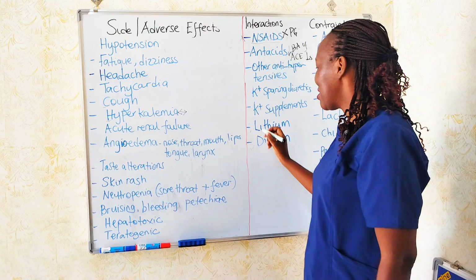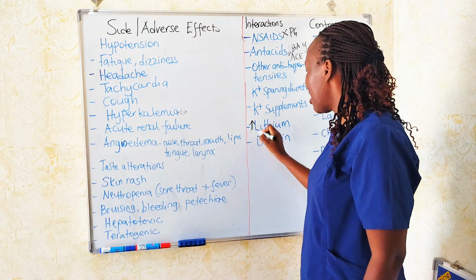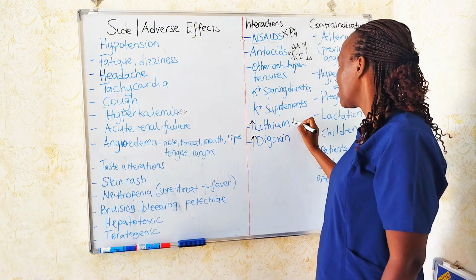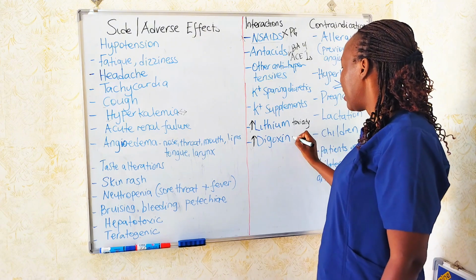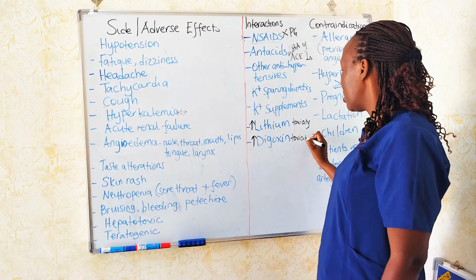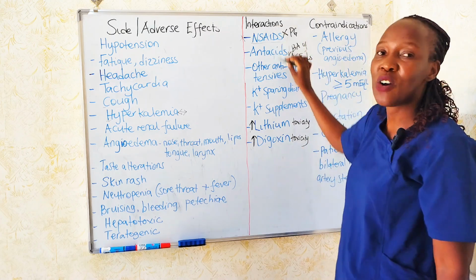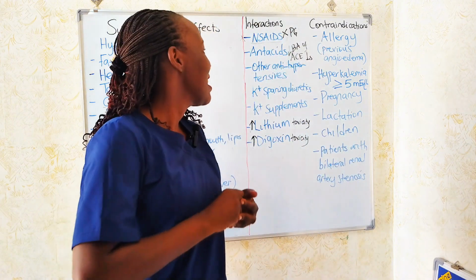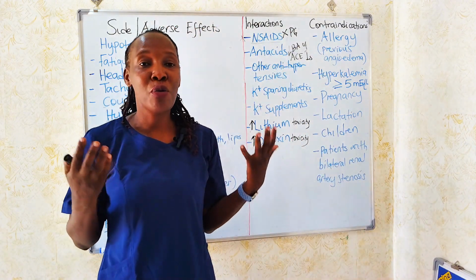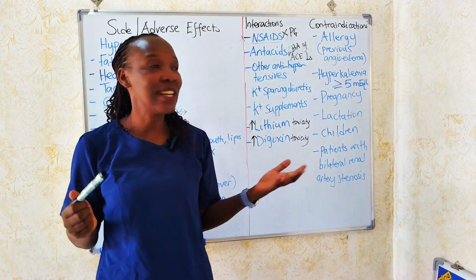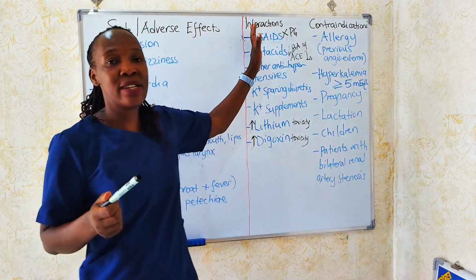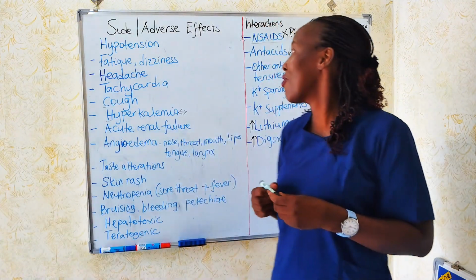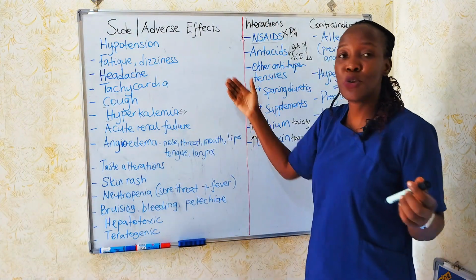Then ACE inhibitors increase the levels of lithium and the levels of digoxin. So we can end up with lithium toxicity. We may also end up with digoxin toxicity. So these are some of the common drugs that interact with ACE inhibitors that, especially for those who are reading for the NCLEX examination, you might get a question like that where maybe a hypertensive client has been prescribed captopril.